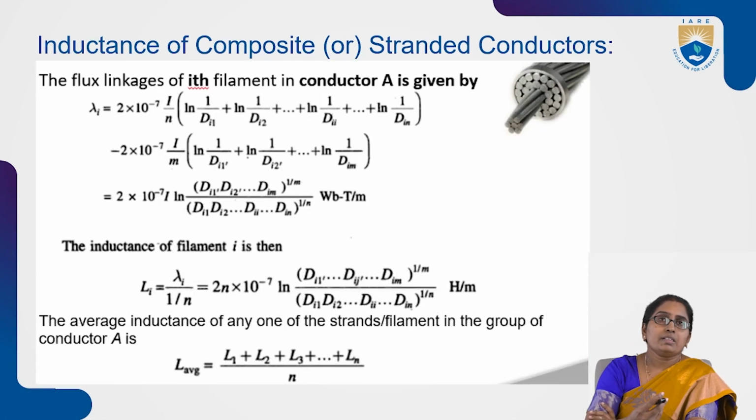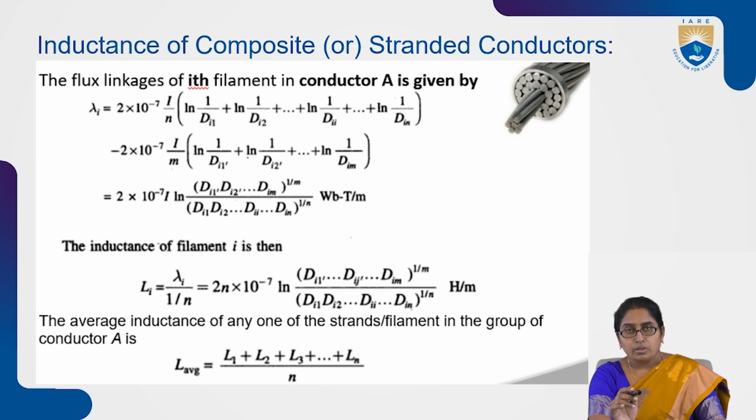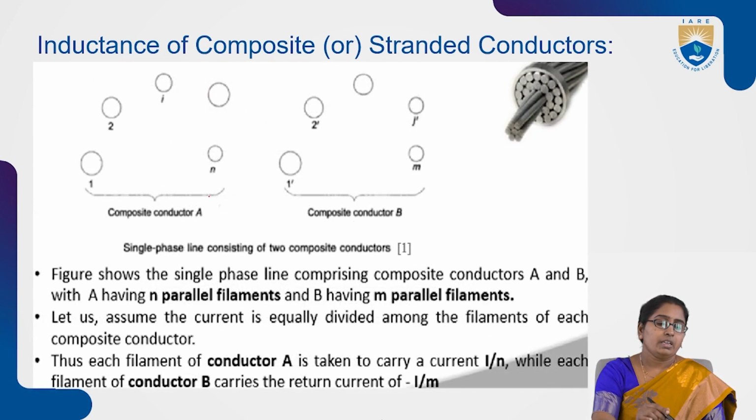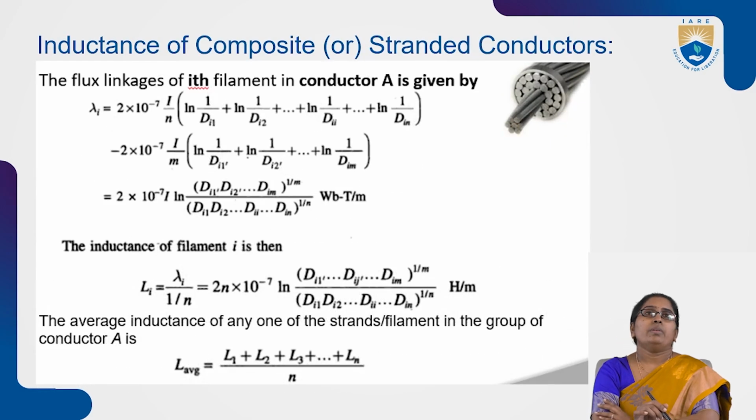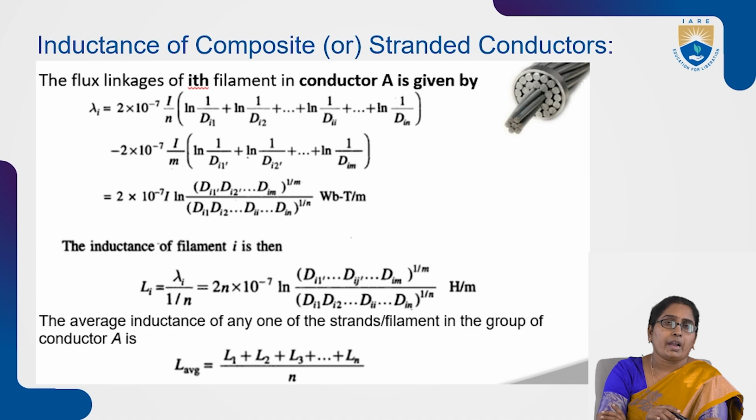Now, the flux linkages of the ith filament in conductor A. Conductor A has filaments 1, 2 and so on, i, then finally n, right? Here we are writing the flux linkages of the ith element in conductor A. Previously I gave the expression for the flux linkages of one conductor in a group of conductors.